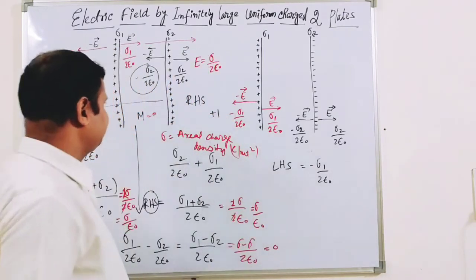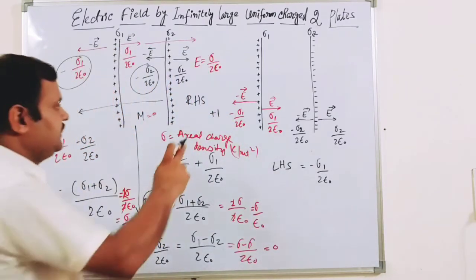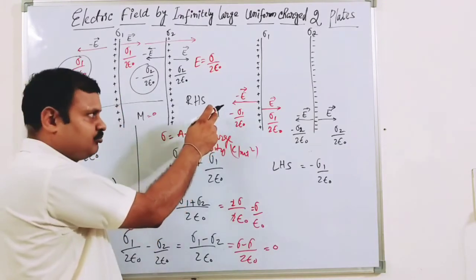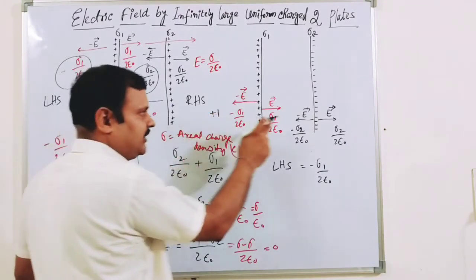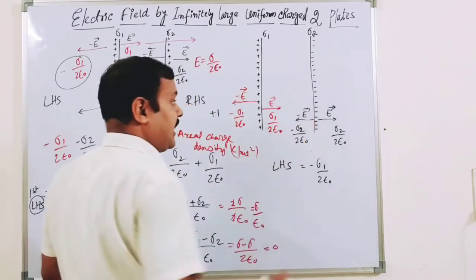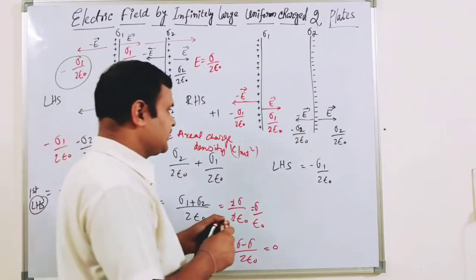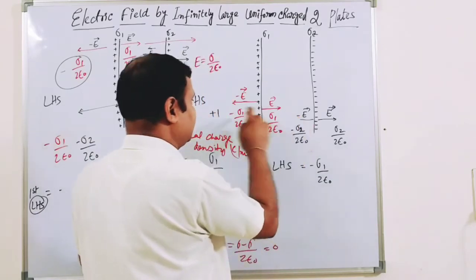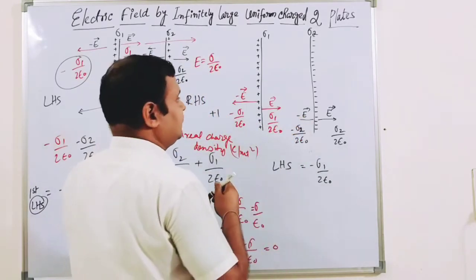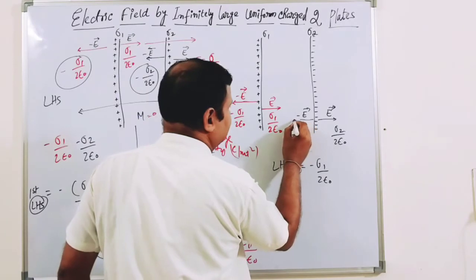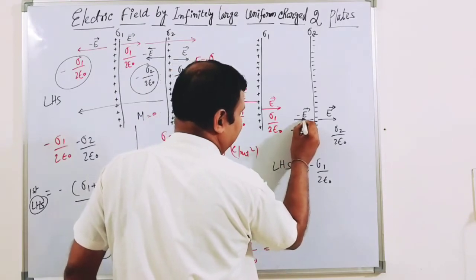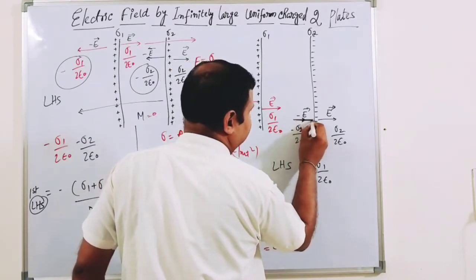Here is the catch: we put one positive Coulomb charge here, so it is negative 1 this one. So can we say the direction will be this side? No. So the direction of the field by this plate will be here. Remember this one, only thing.